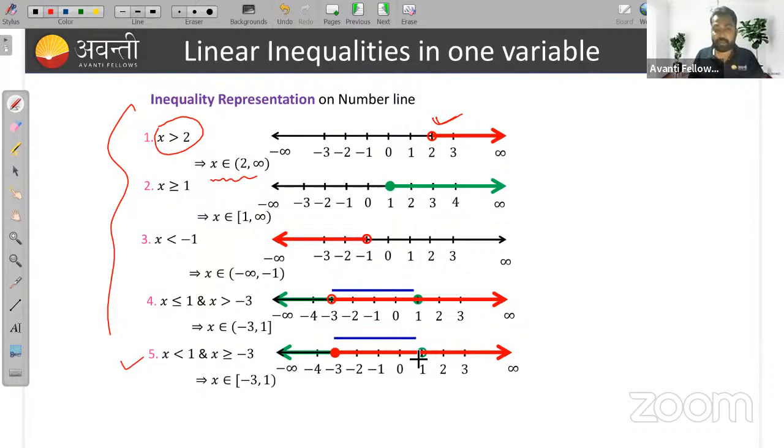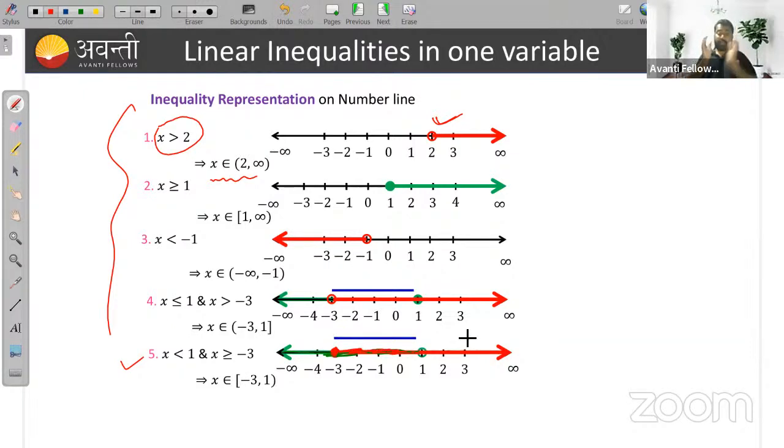For x is less than 1, the green line is the region from -infinity to 1. But x is greater than or equal to -3 is my red region.